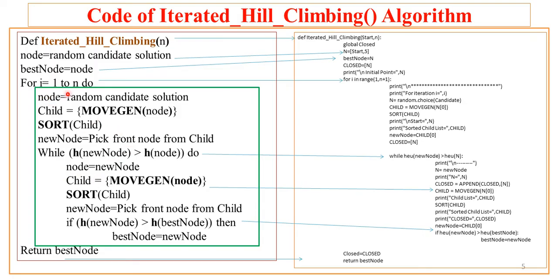Now here, for i equal to 1 to n, do this. So this is straight away transformed as for i in range 1 to n plus 1, because n is exclusive for the range function. If n is 3, then it will take 1 to 2, but we want it to be from 1 to 3, so 1, 2 and 3.